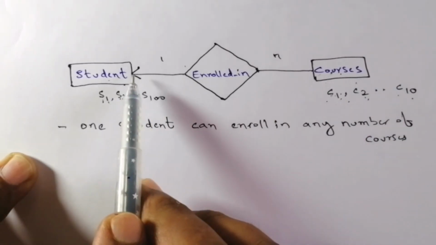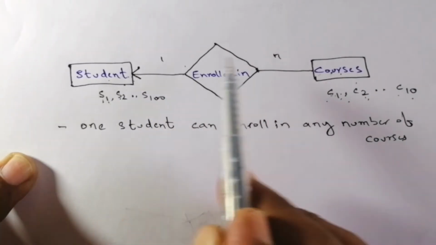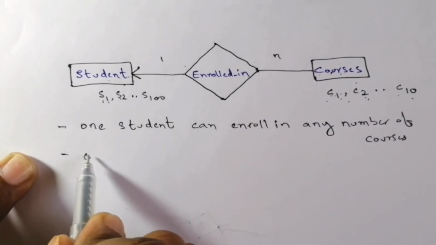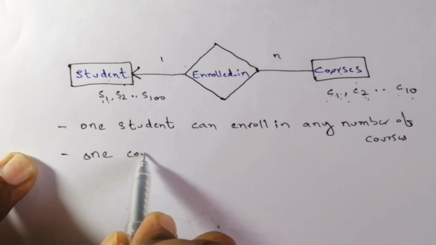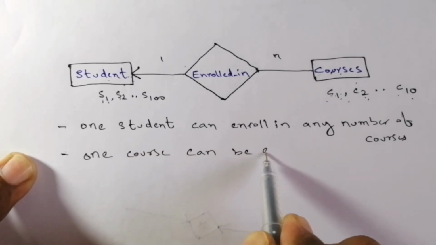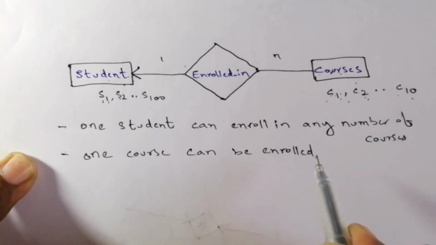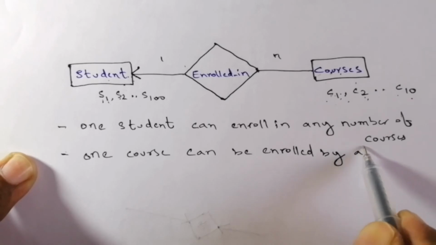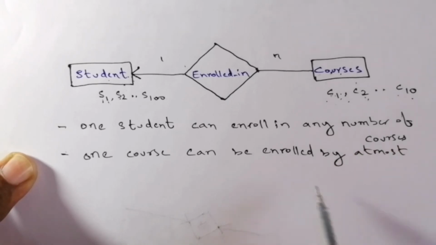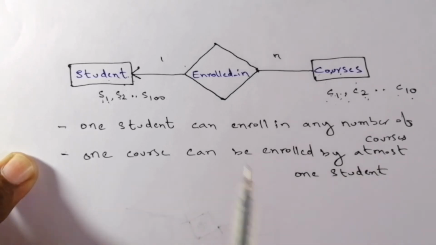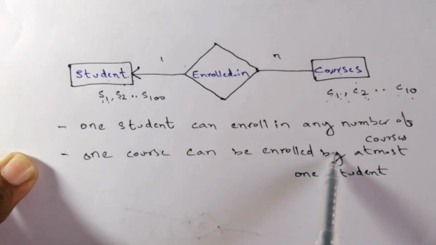That is, one student can enroll in any number of courses. What is the other case? One course can be enrolled by at most one student. So one course can be enrolled by at most one student.